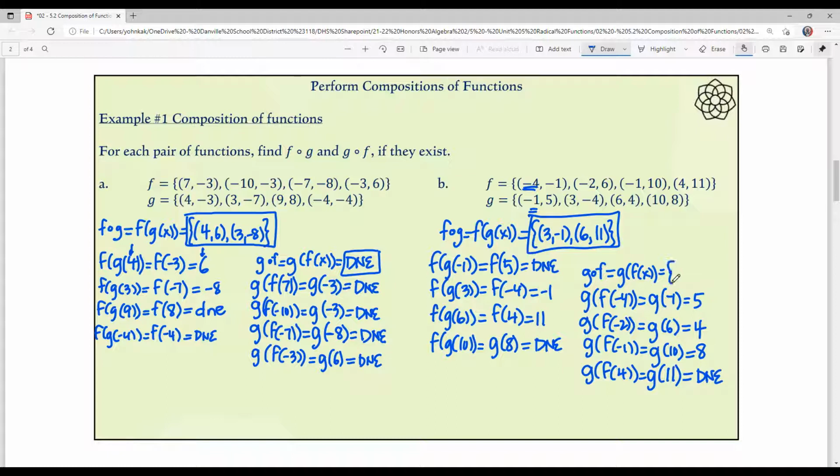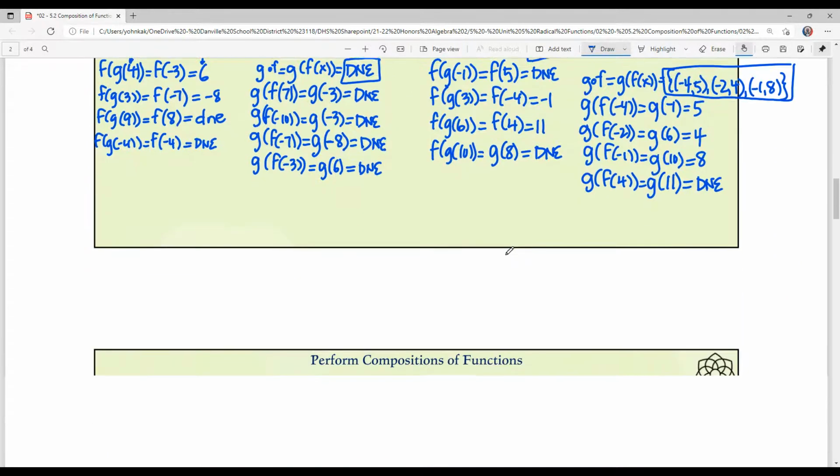So therefore, my composition is -4, 5, -2, 4, and -1, 8. Right, so that is how you find composition of functions when you're given ordered pairs.